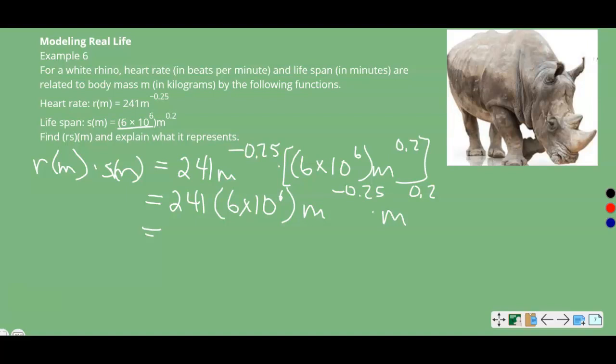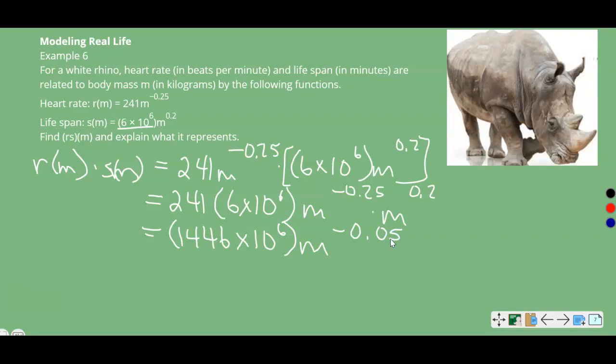So we're going to write this as 1446 times 10 to the 6th power, and then we have m to the negative 0.25 times m to the 0.2, same base, keep the base, add exponents. So negative 0.25 and positive 0.20 is negative 0.05.